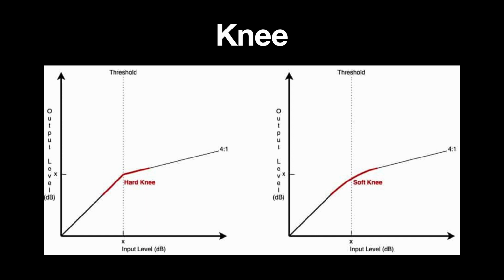And a softer knee starts grabbing that source before it even hits the threshold. You can see this arc here, and it's already starting to grab down here, and it's a much smoother transition. So if you don't want to hear your compressor so much, you're going to use a softer knee. If you want to hear it hitting hard, like for maybe drums or something like that, you'll use a harder knee.